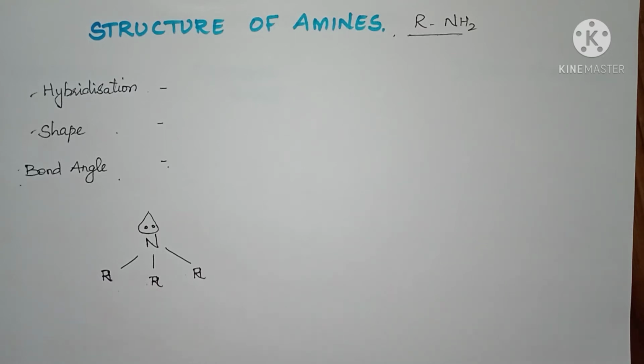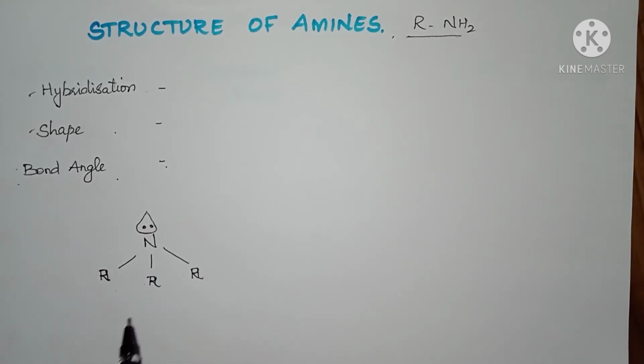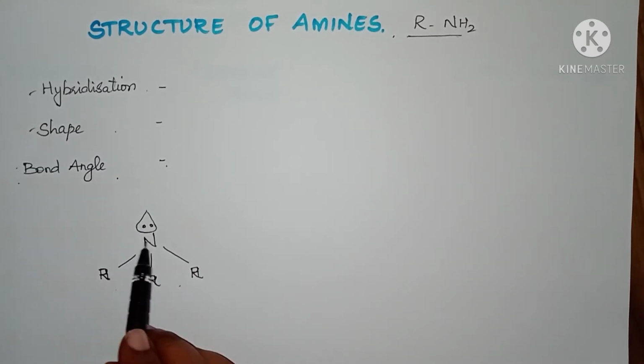So what is the shape of this regular tetrahedron? How is it possible? 3 of these hybrid orbitals are used for bonding with hydrogen or carbon atoms, depending upon the composition of the amine. The nitrogen atom is attached to 3 hydrogen atoms or alkyl or aryl groups, so 3 are bonded.